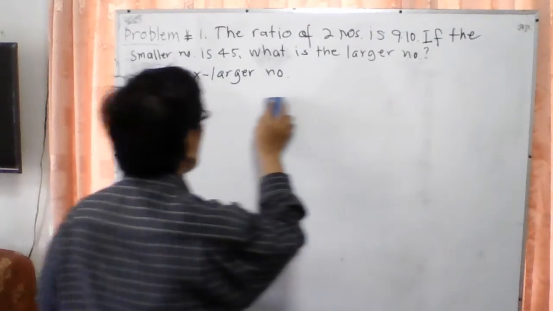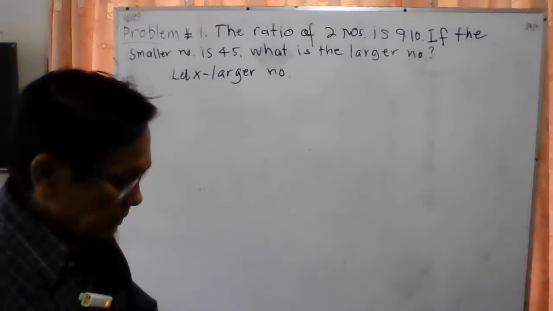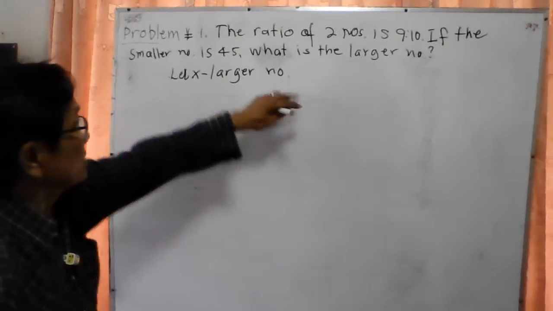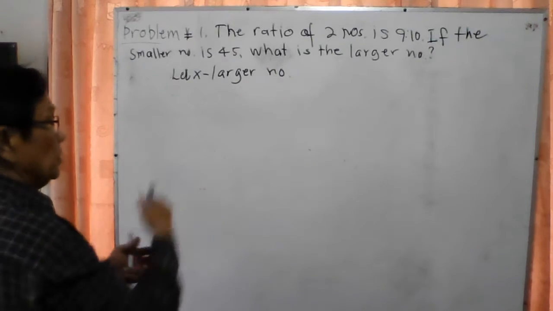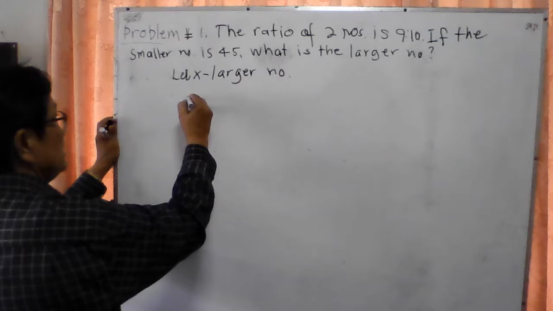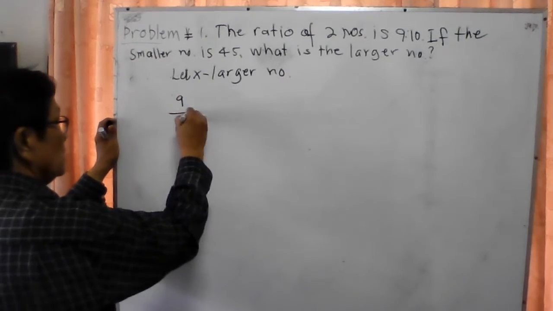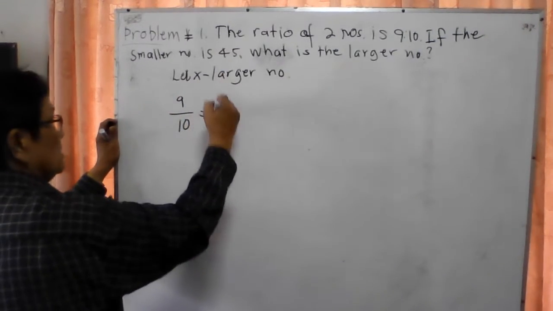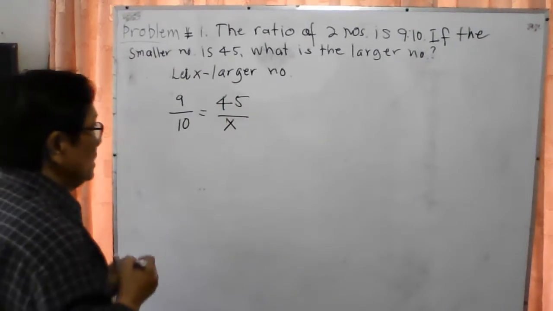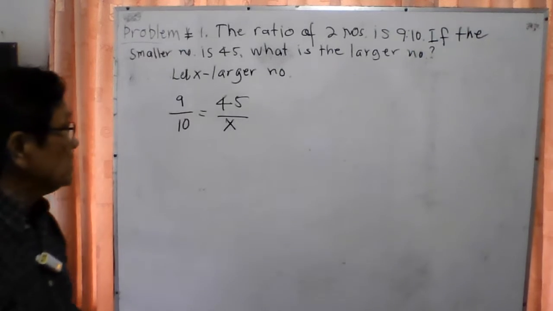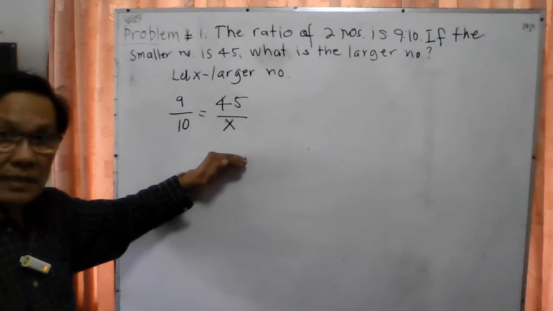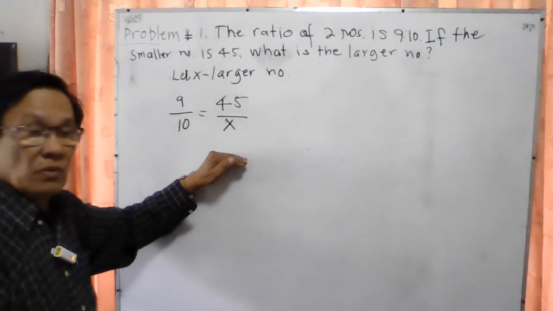Let's start from the very beginning. The same thing, we denote our unknown as x, and we put the equations as given. So 9 is to 10 equals 45 over x. The fast way of doing things is, of course, the first thing, as I said earlier, we try to remove this fraction, simplify it.